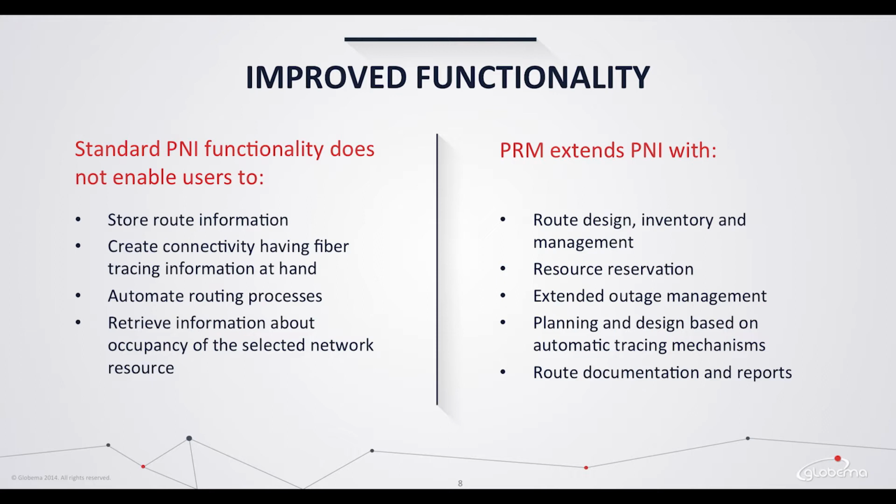Resources can be reserved using PRM, and finally, PRM delivers quickly convenient data about current network occupancy. With this feature, it allows to manage network outages better and supports network build team with up-to-date information about available network capacity. Now, let's take a look at Physical Route Manager in action.